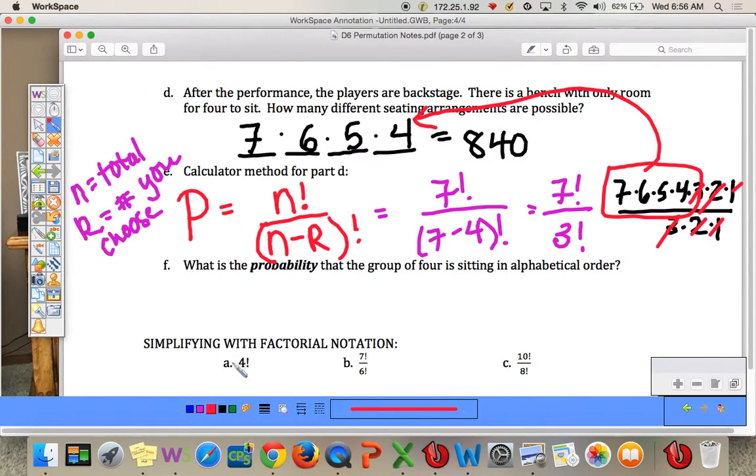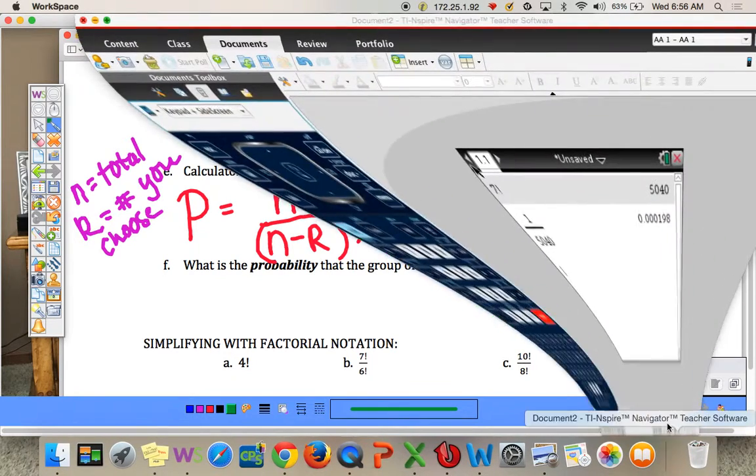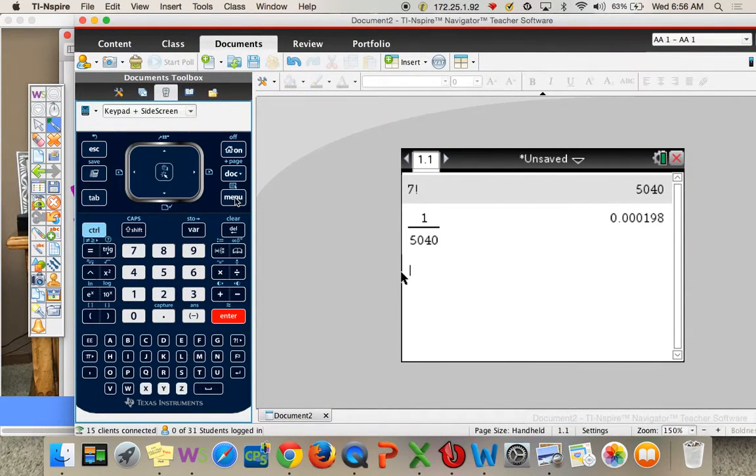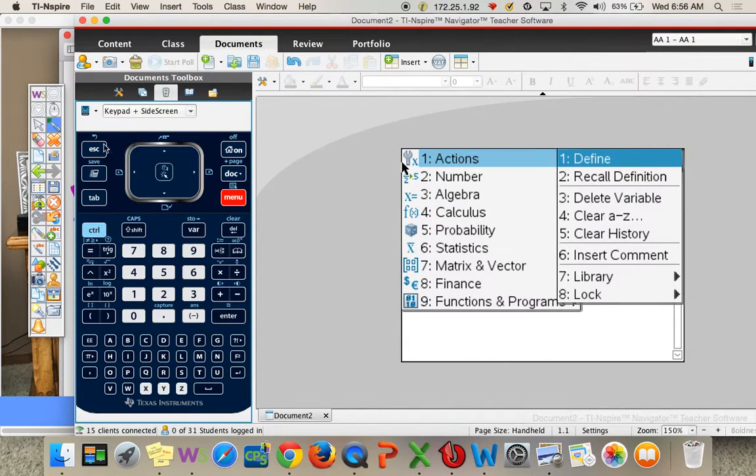Now there's another way that you can type this in your calculator. It's NPR. NPR means, here we have 7 orchestra members and we want a permutation of 4. So let's type that in our calculator. We have to type the number first.